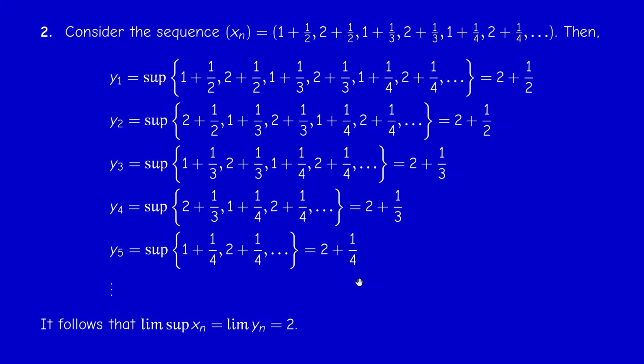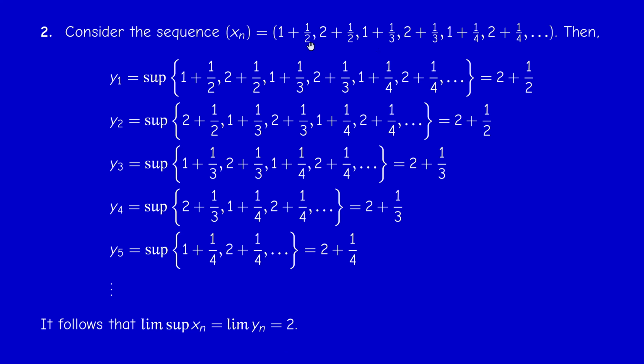So the limsup of xn is 2, right? And once again, the subsequence x2n converges to 2. So there is a subsequence of xn converging to 2, the subsequence obtained by eliminating odd indices. Okay. So you got the idea.